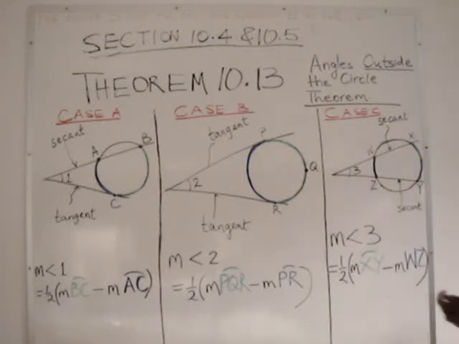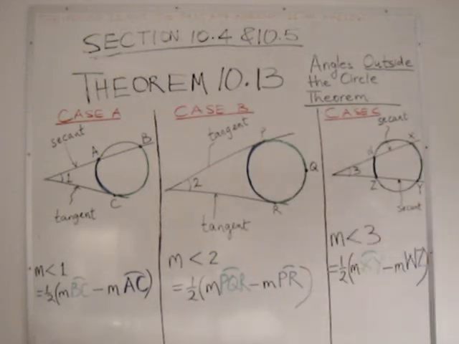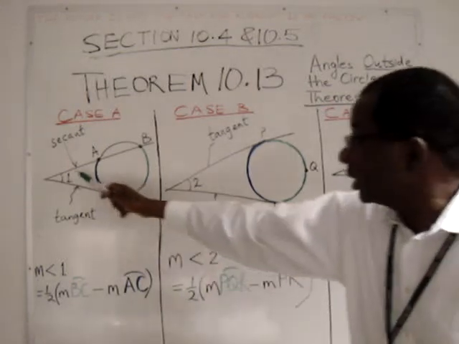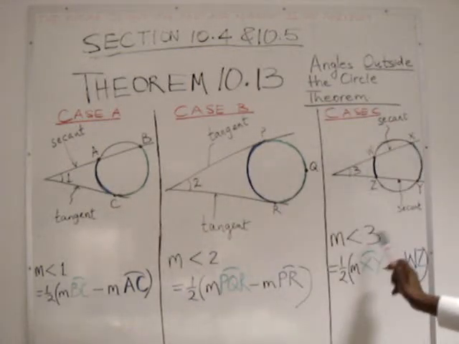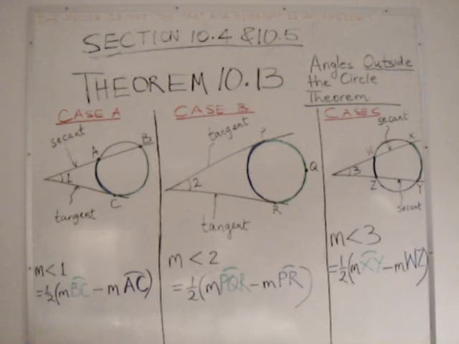In all cases, even though there are three separate cases, the theorem says the same thing. The measure of the angle is the measure of the bigger arc minus the measure of the smaller arc, divided by 2.